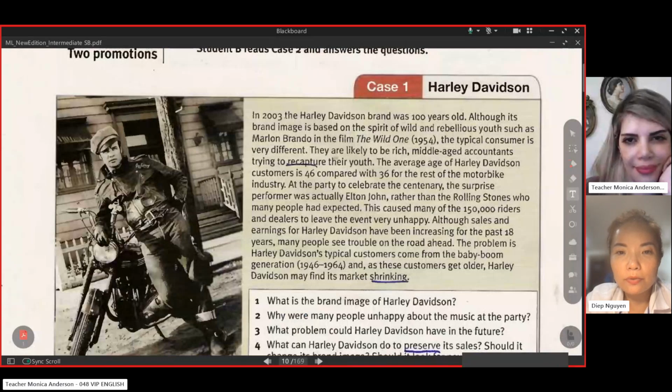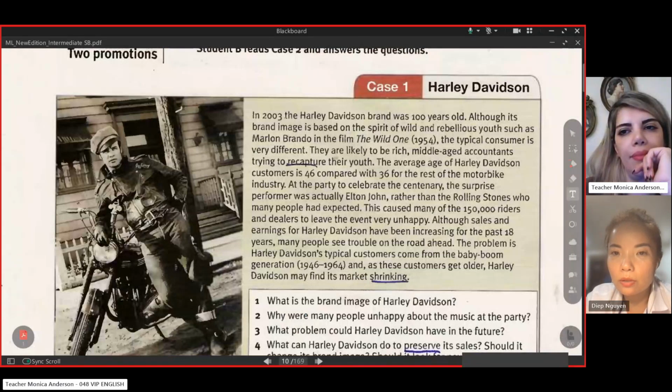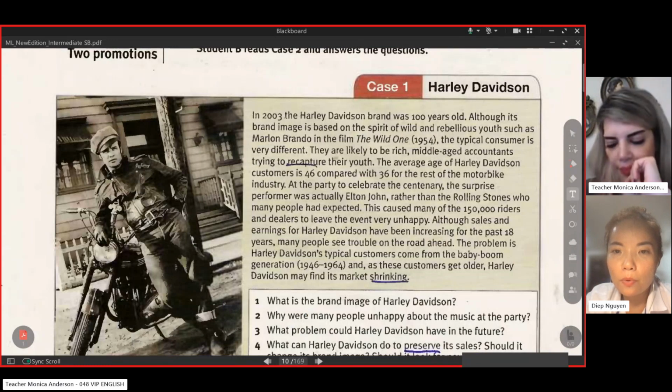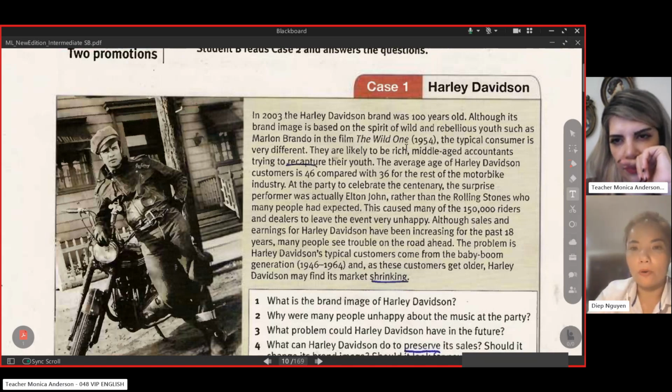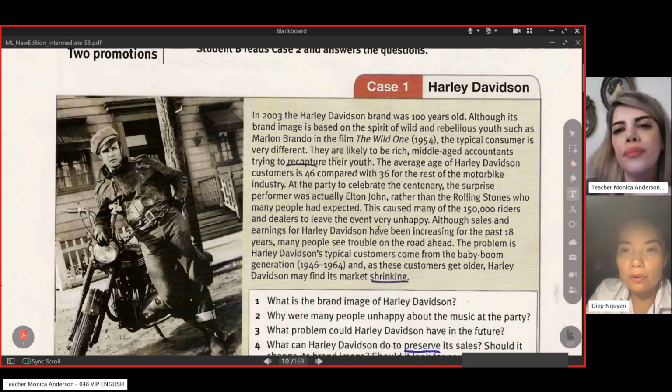In 2003, the Harley-Davidson brand was 100 years old. Although its brand image is based on the spirits of wild and rebellious youth, such as Marlon Brando in the film The Wild One in 1954, the typical consumer is very different.